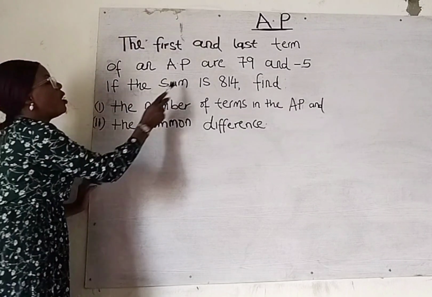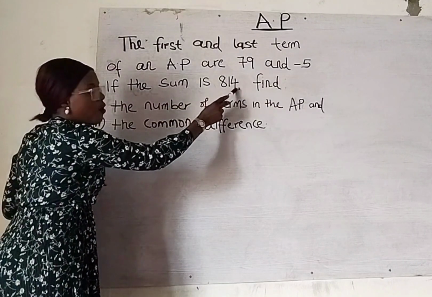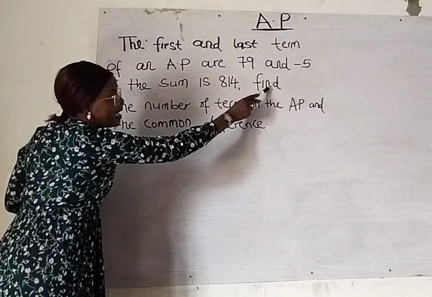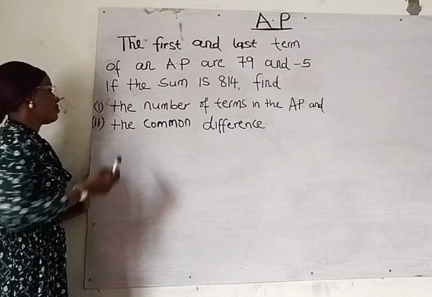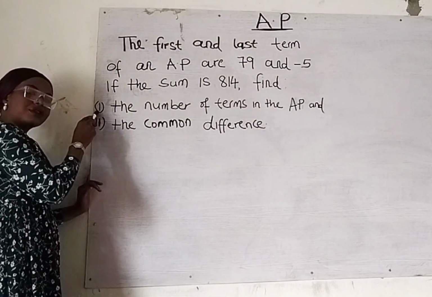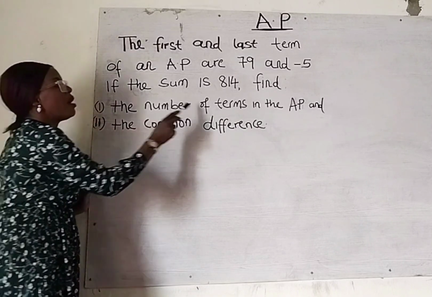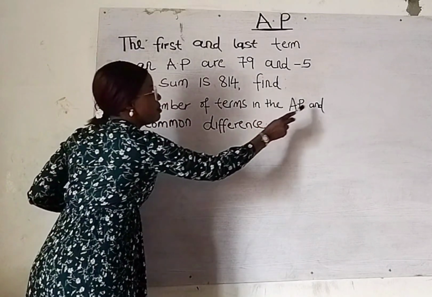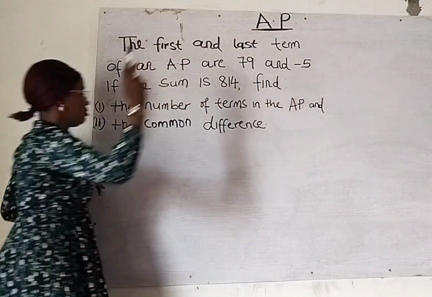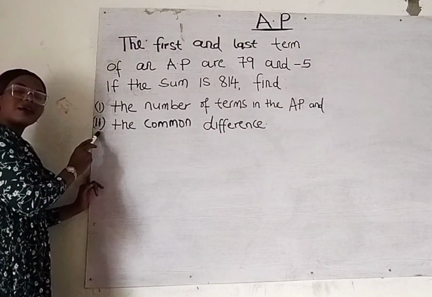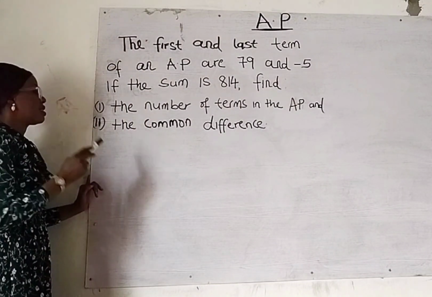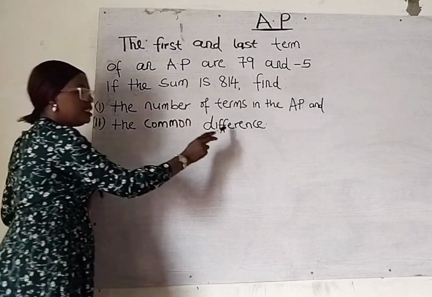If the sum is 814, find the first question, the number of terms in the AP, and second question, the common difference.